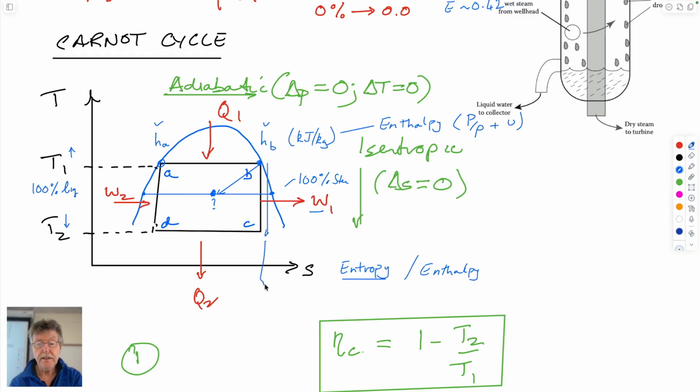So on this vertical line, the entropy remains constant at this value, but our steam tables are written in terms of enthalpy. So we have to use this isentropic behavior to convert it into the changes in enthalpy, which are what we want to determine.